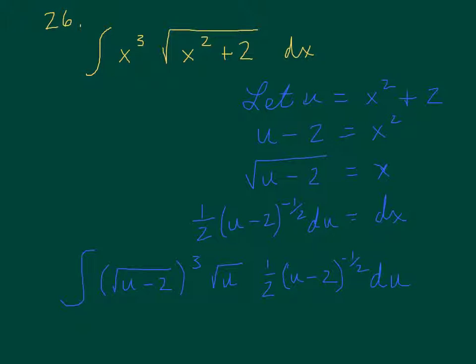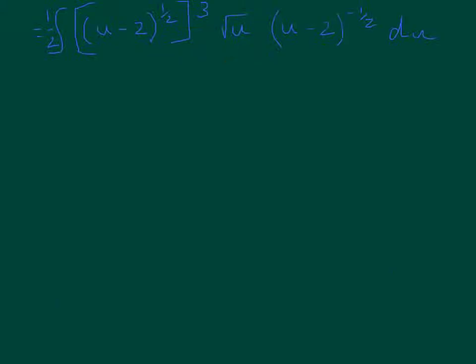Okay, so let's clean this up a bit. First thing I did here was factor out the 1/2, since that was just a constant. The square root of U minus 2 is the same thing as U minus 2 to the 1/2, and that was cubed.